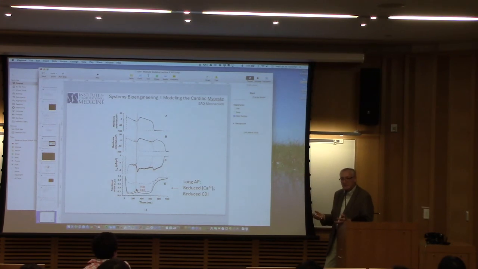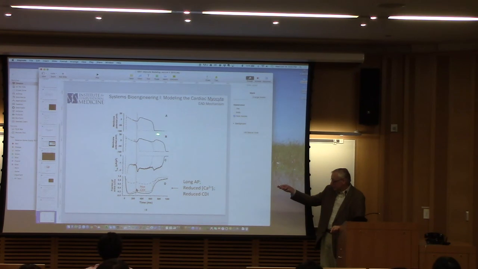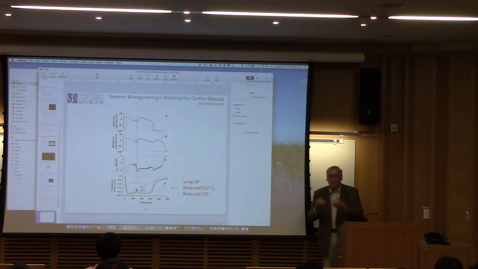It's happening because during this action potential, calcium is released into the cell and it's being extruded and pumped back into the SR. So the calcium transient is declining in amplitude during that action potential. As it declines in amplitude, the fraction of calcium channels that are not calcium inactivated is increasing. There are now more of them available to open.